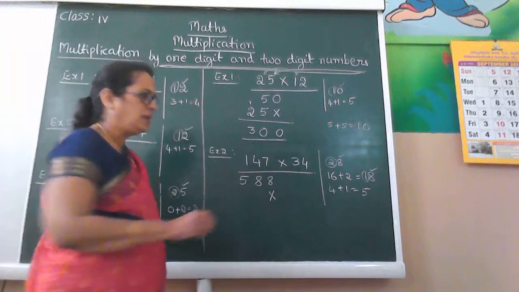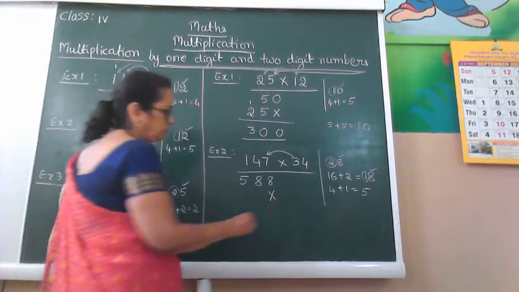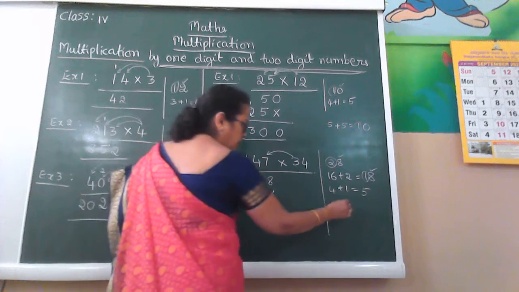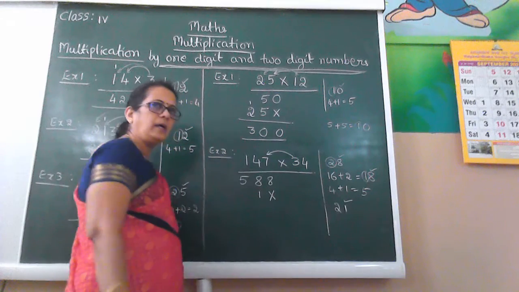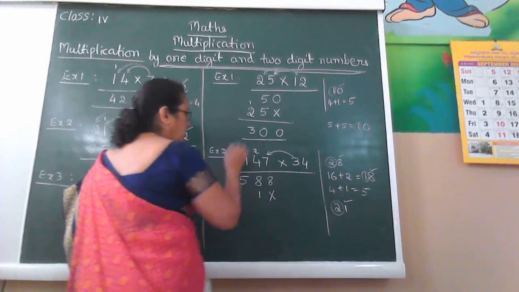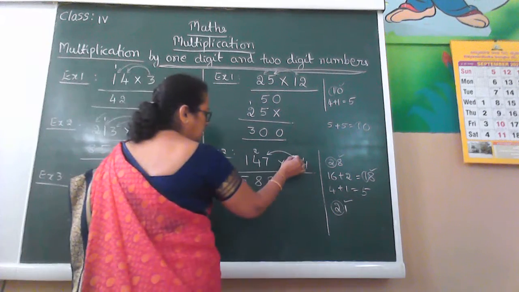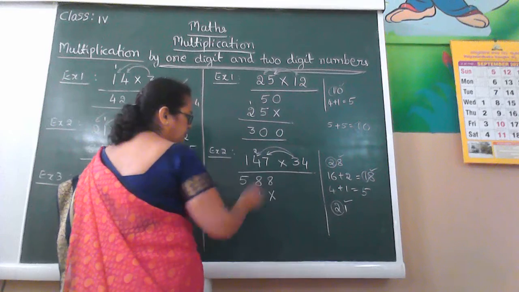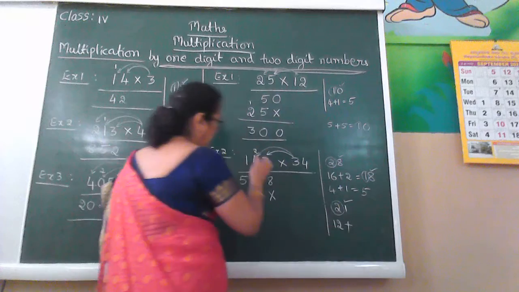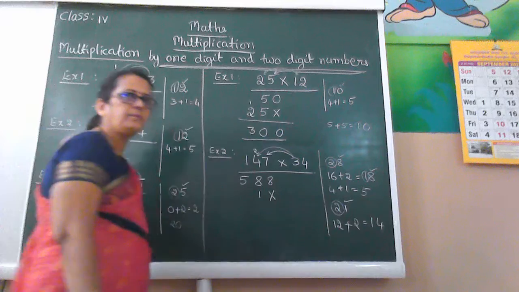Afterwards you repeat. Next number is 3. 3 sevens are 21. Now write this 1 below 8, which is in the tens place, and 2 you give as carry above 4. Now 3 fours are how much? 12. 12 plus carry 2, that is 14.